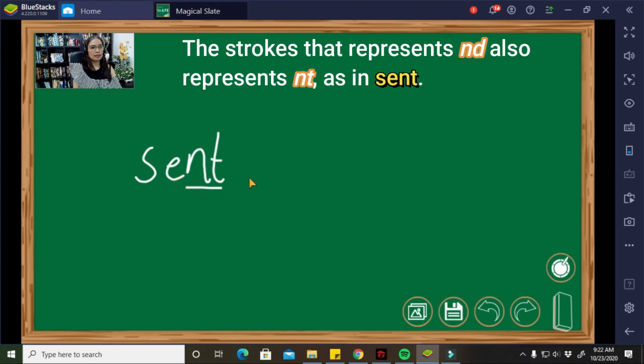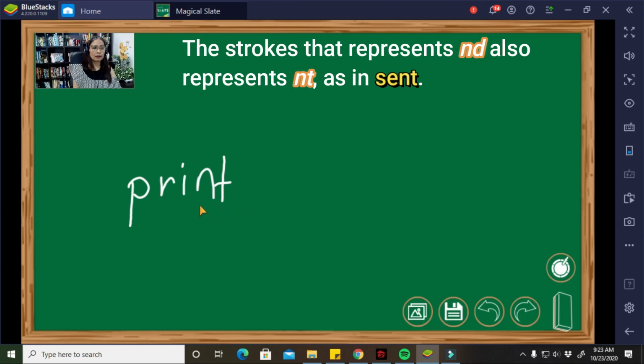Alright, this is NT. So we have to write that in the shorthand. This is your S-E-N-T blend. Scent. Alright, next example. The word is print.